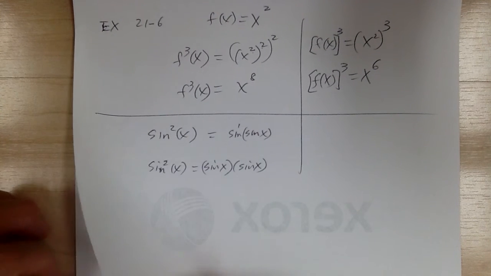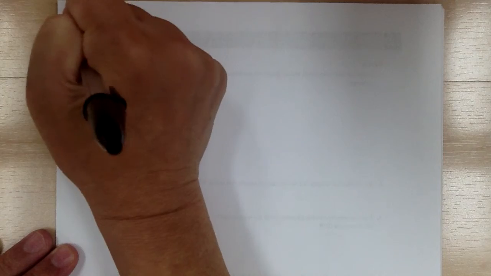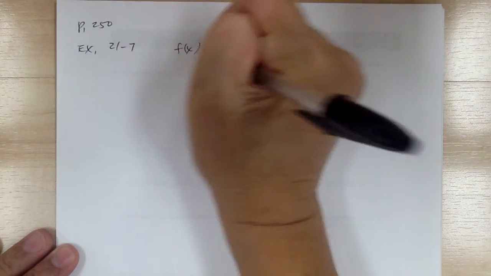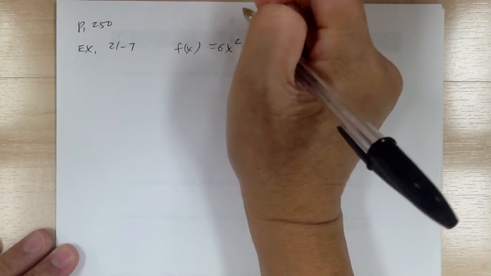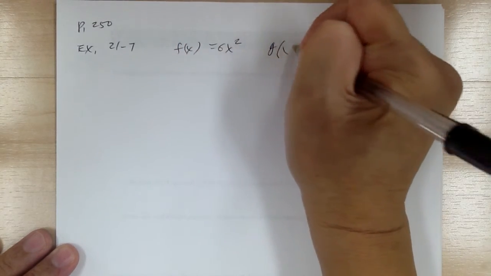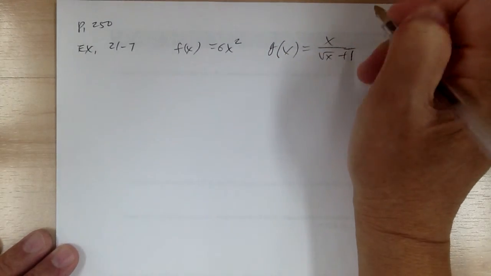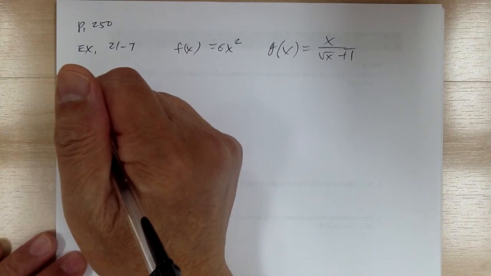Let's go and do one more example. Example 21-7. It says suppose f of x equal to 6x squared and g of x equal to x over square root of x plus 1. Then this is called a composite function.